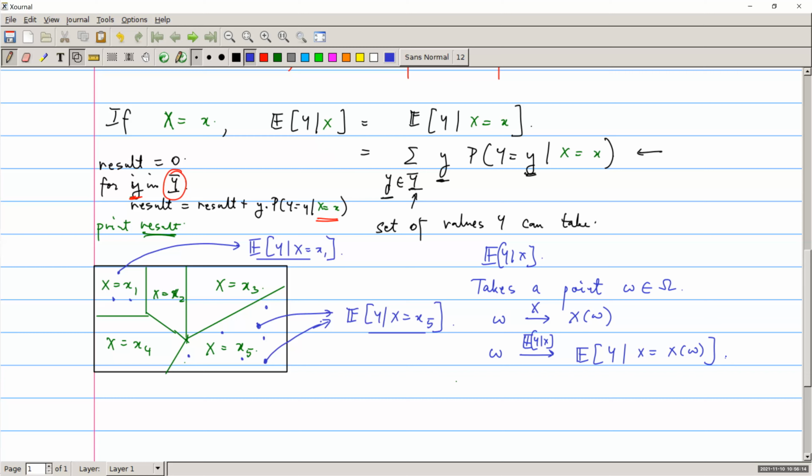For example, if the expectation of Y given X equals little x1 equals the expectation of Y given X equals little x5, then both the events X equals x1 and X equals x5 will be mapped to the same number. So it's in general a coarser partition than what X makes, sometimes the same partition, sometimes a coarser one. Is this clear?